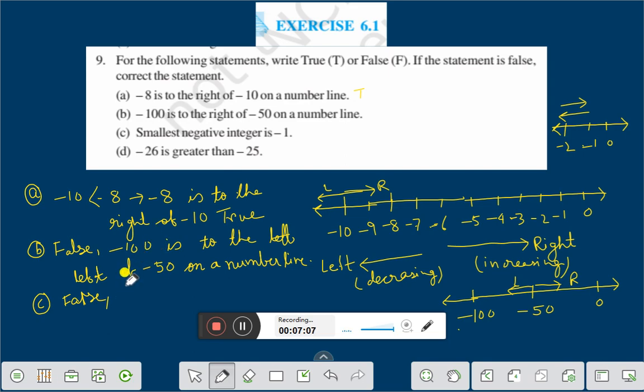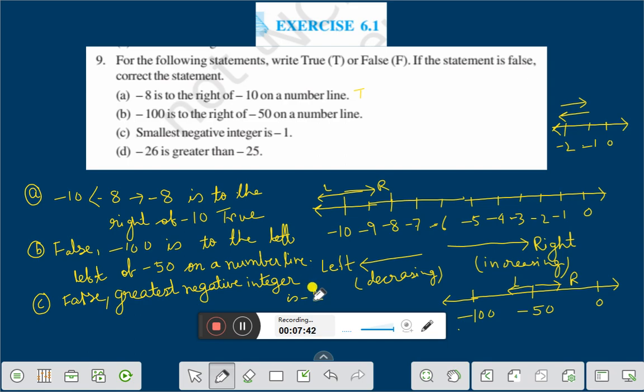The smallest negative integer is minus 1. That is wrong. The greatest negative integer is minus 1.